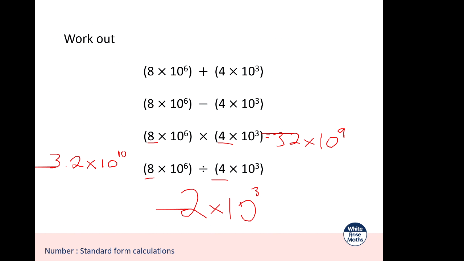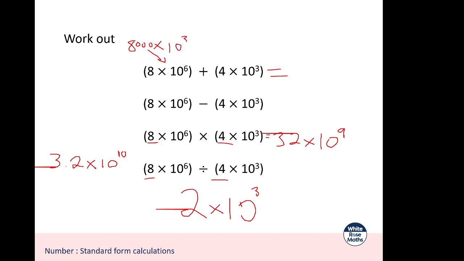When we're adding, we've got two options. We can change them into normal ordinary numbers, or we can make it so the powers are the same and then just add the numbers. So I can rewrite it as 8,000 times 10 cubed, add 4 times 10 cubed.